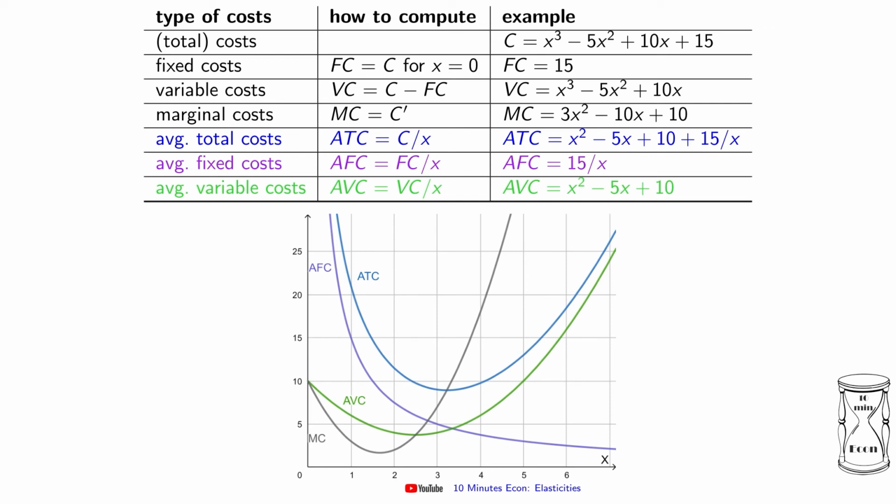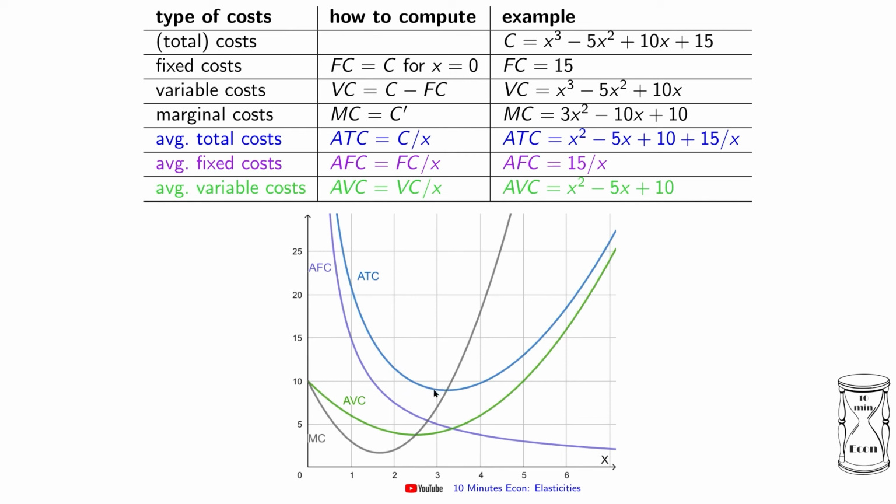And finally, also keep the following in mind. That's also related to the lowest points of the two average cost functions. Because the lowest point, the minimum of the average total costs here, also shows you the lowest price. So here it is something like 9. It shows you the lowest price for which the firm is willing to stay in the market in the long run.